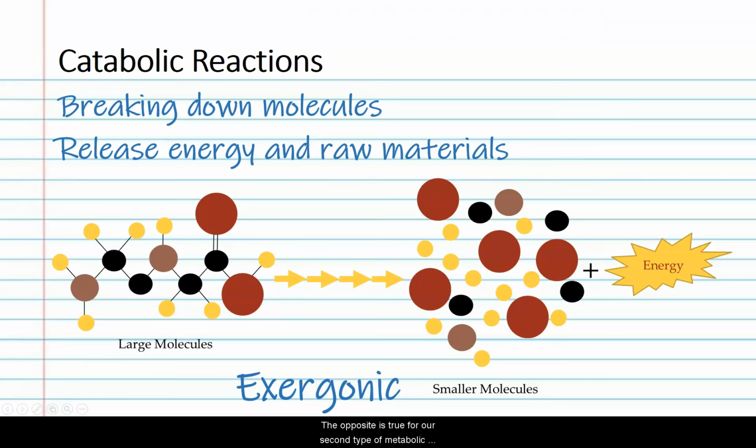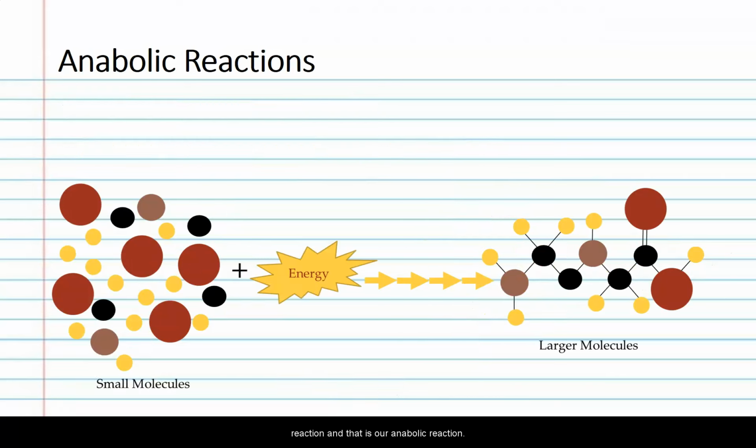Now the opposite is true for our second type of metabolic reaction, and that is our anabolic reaction. Anabolic reactions build molecules. All right, so here in your picture, we're going from small, simple molecules to a larger, more complex molecule. We're going from disorder to order, and anytime we're going from disorder to order, that is energetically unfavorable, right?